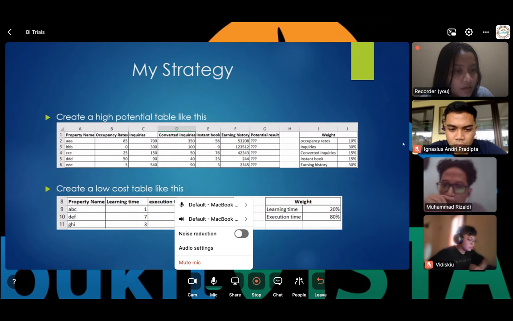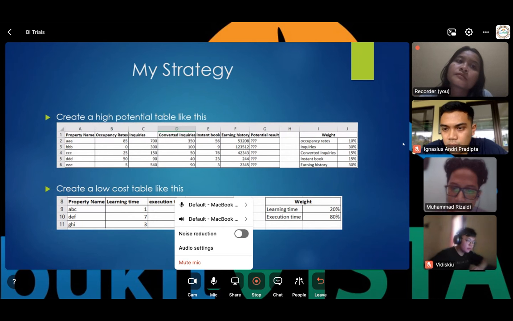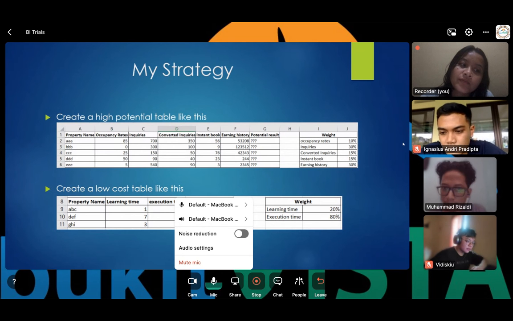In the future I will determine the weight and also do time series forecasting of the revenue in the next week for each property, so we know which one we need to optimize. Okay, so a machine learning model to determine the weight, and also to project the next revenue for a certain property, right? Yes.